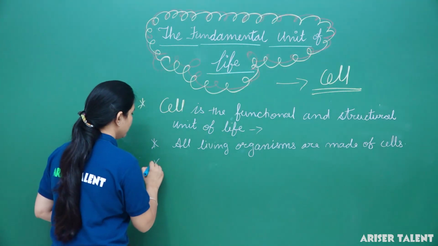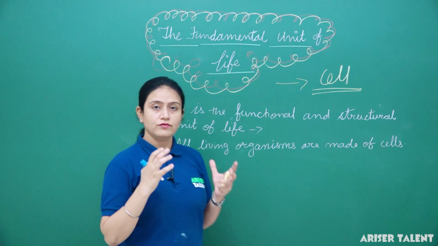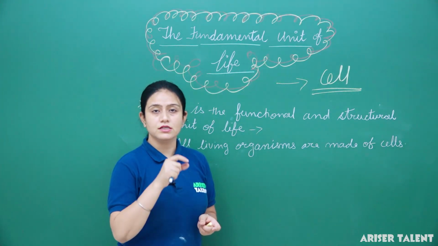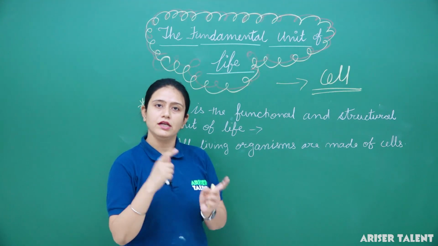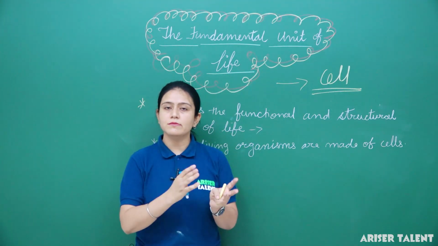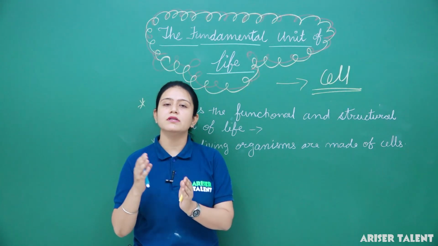Similar organelles are found in the cell. Similar cell organelles have similar function in different cells, whether they are present in different living organisms. Similar cell organelles have similar functions.